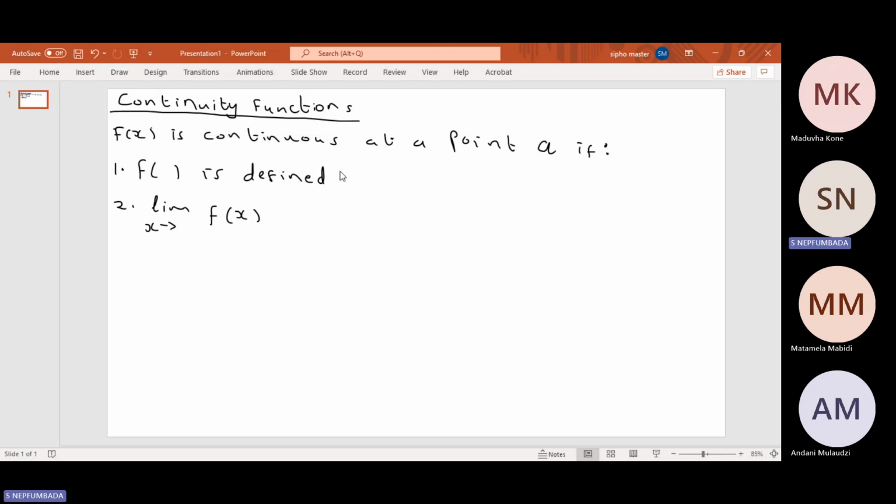The function f at x is continuous at a point A if the limit as x approaching A of f at x is defined or exists. If f at A is defined, and the limit as x approaches A exists.